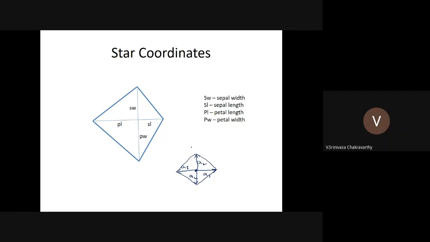Similarly, for some other flower, you might find something like this. So you depict the flowers as some kind of diamonds, these quadrilaterals. Or if you have, for example, 6-dimensional data, you have to draw a hexagon of sorts.